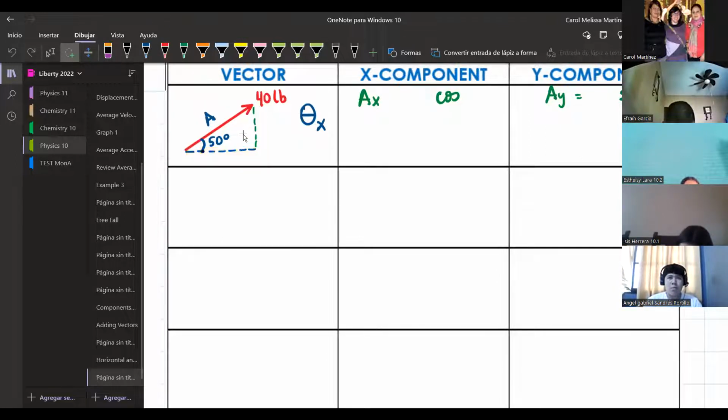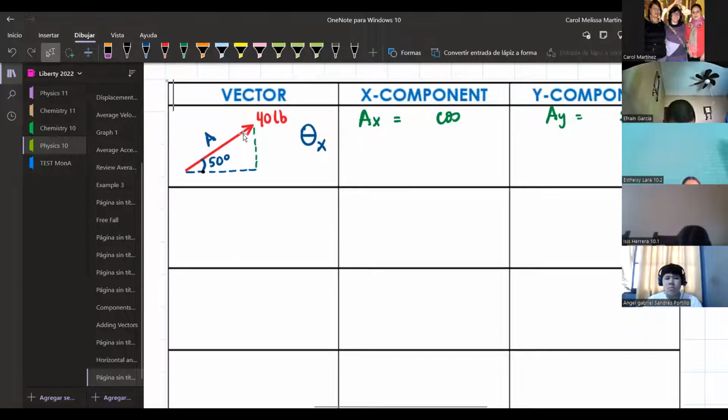So this is the horizontal, therefore the angle is touching this side, therefore you have a horizontal angle. And x and y are going to be calculated by using x cosine and y sine. So AX will be a cosine of the angle, and AY will be a sine of the angle. And you will make substitution of your given.